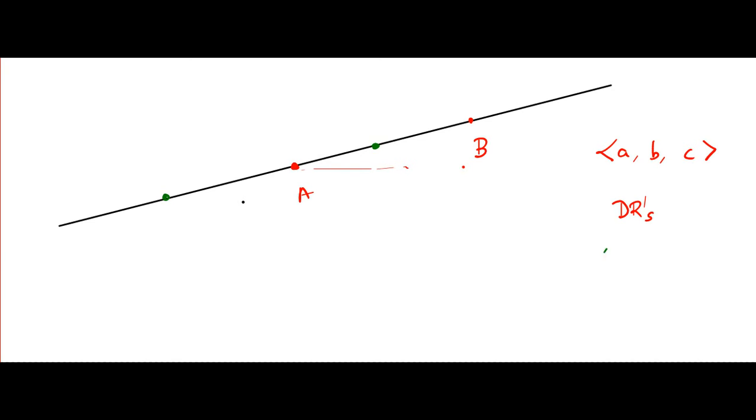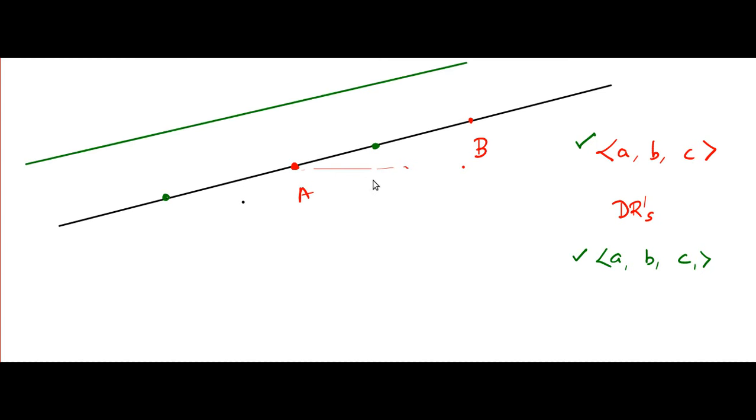And I'm sure you will get some different looking answer, A1, B1, C1. But remember, this quantity and this quantity will be proportional. Now suppose you have a parallel line and you take 2 points on the parallel line and measure the direction ratios. But still our answers will be proportional.